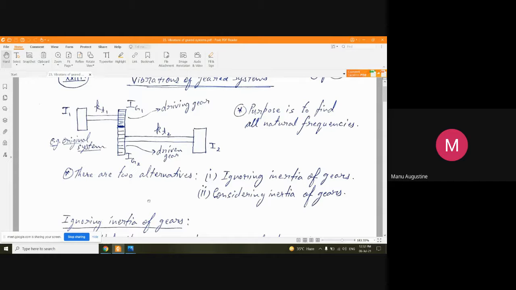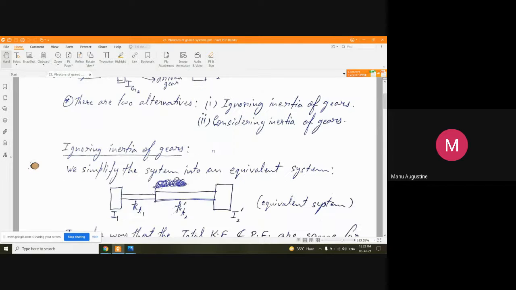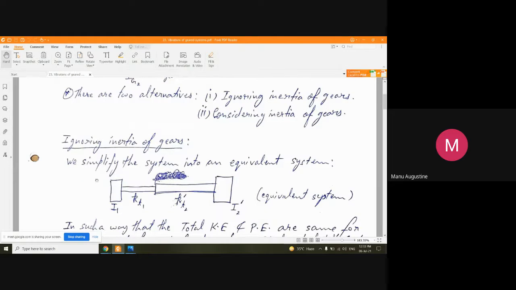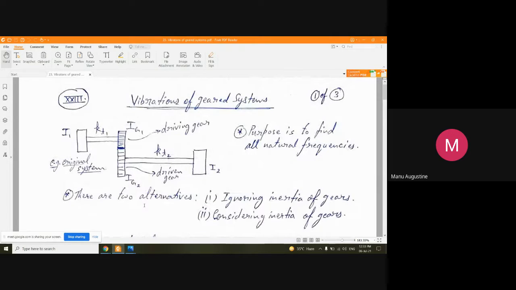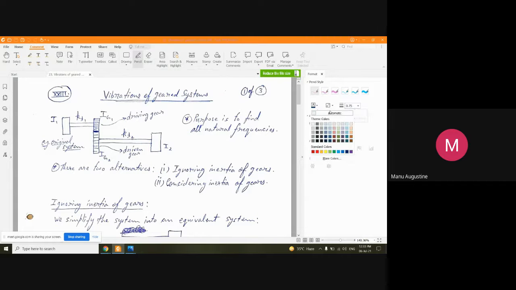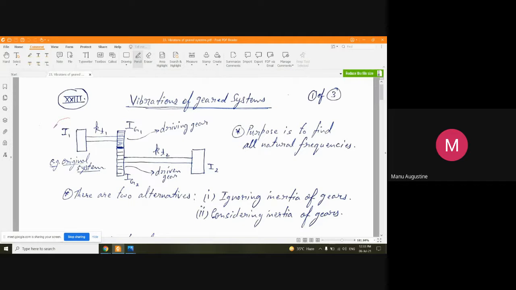So in the first place, if you ignore the inertia of gears, you would be aiming at converting your system into a system like this. Basically what you are trying to achieve is converting the driven side of your system. See, this entire assembly is the driver side, and this entire assembly is the driven side.